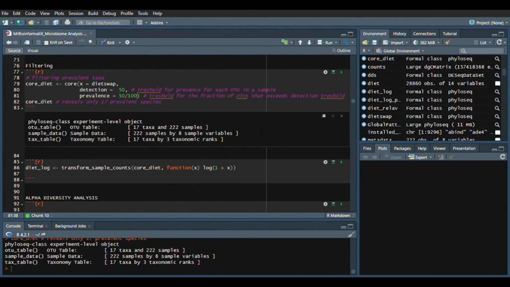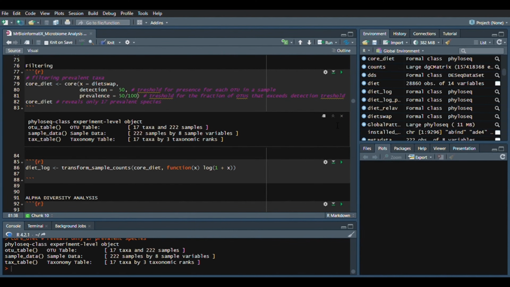So, as you can see, we have OTU table, 17 taxa, and 222 samples. This indicates that our filtered dataset now contains 17 operational taxonomic units, or OTUs. These are the taxa that meet our specified criteria for detection and prevalence across 222 samples.